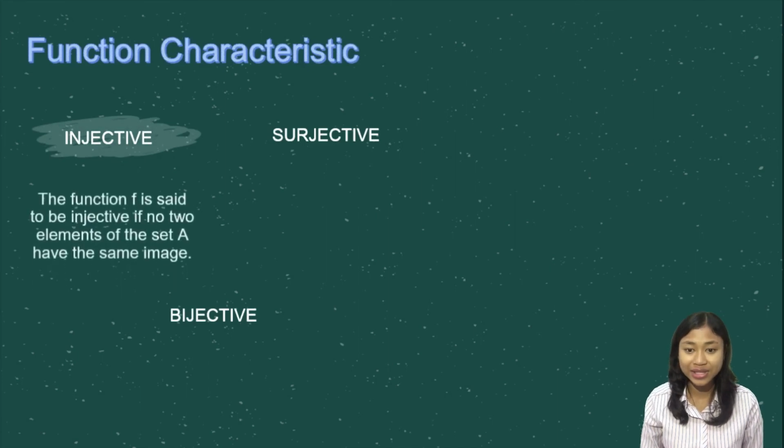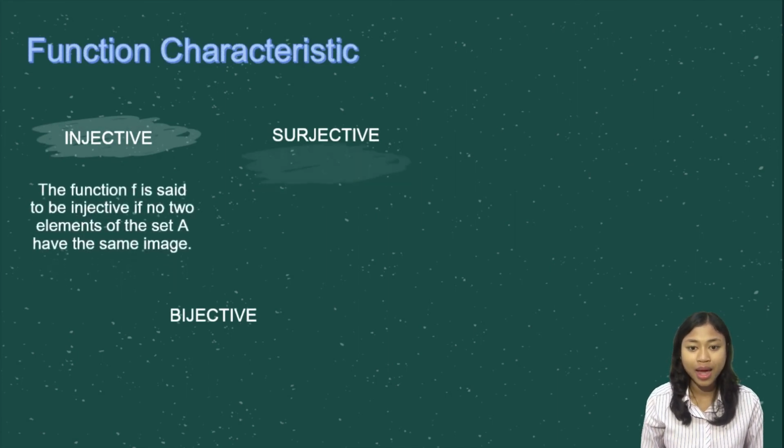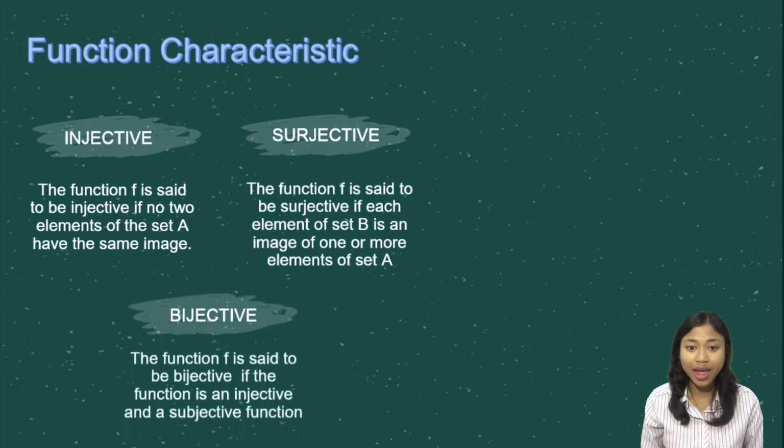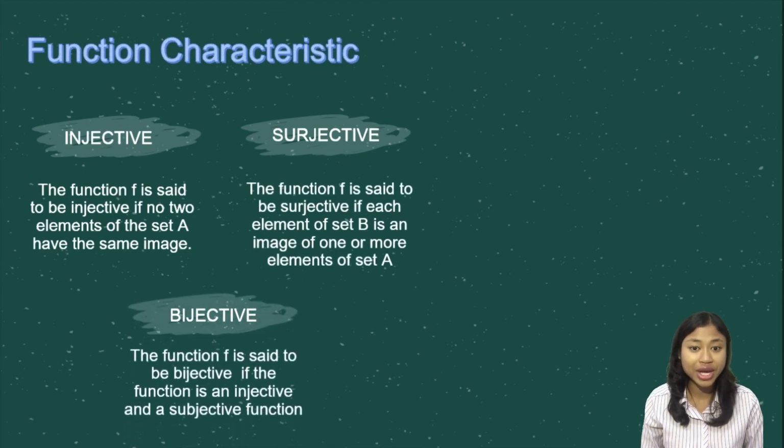Function characteristics. The first, injective. The function f is said to be injective if no two elements of the set A have the same image. The second is surjective.